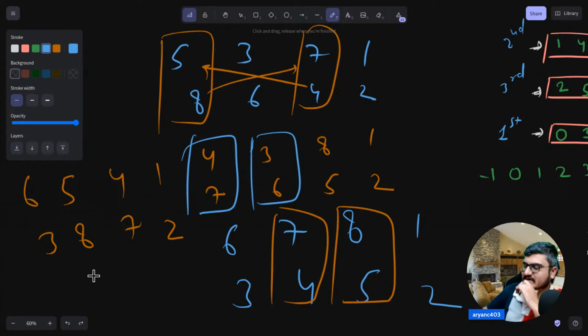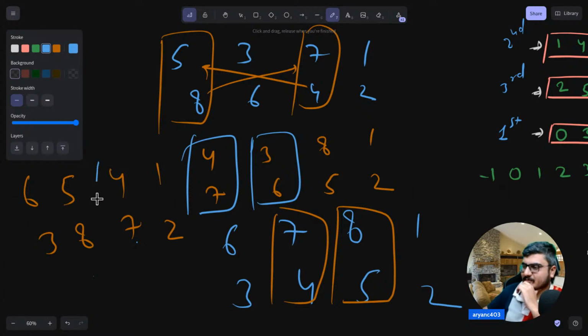So 5 8 has been correctly placed here. What I have done here, 6 3, I want 3 6 here. Yeah, this is step 1.